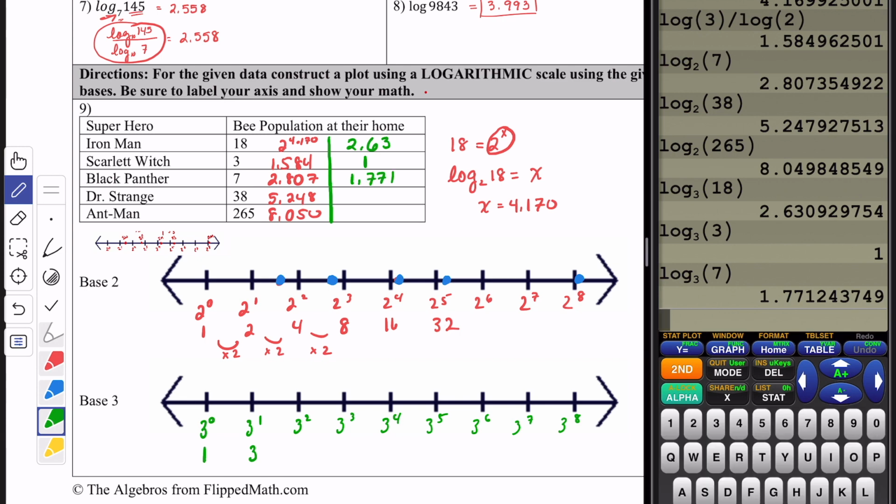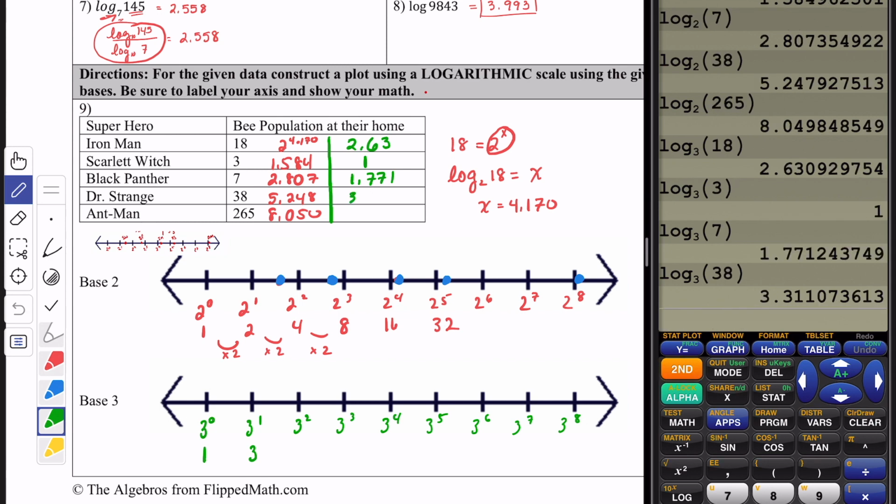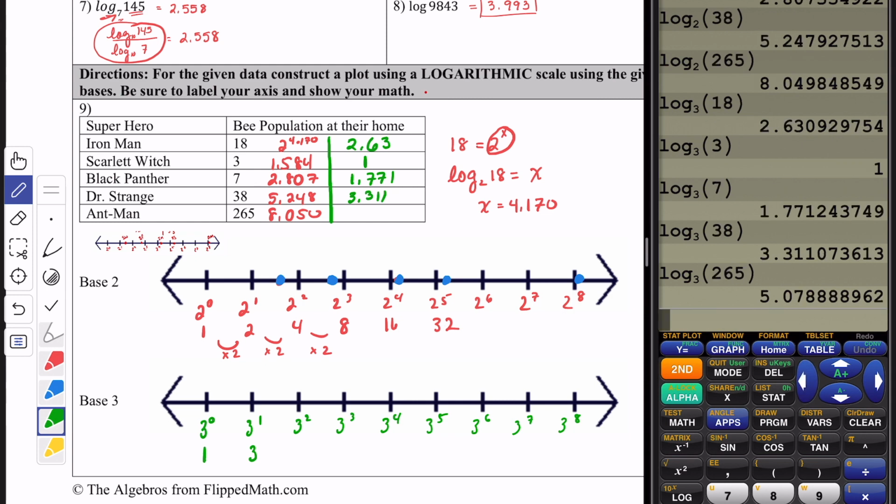Change it to a 38. And finally we'll change it to a 265. 5.079, and then we'll graph those.